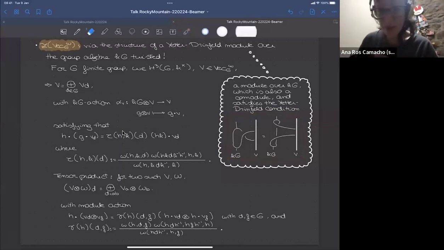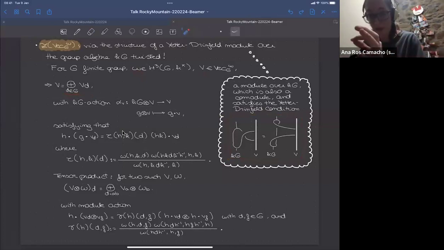So using this structure, let me just describe it. If you have G, a finite group, and W, an object in my category, which is G-graded, then I can define the action of the group algebra on it as this. And it needs to satisfy the following.